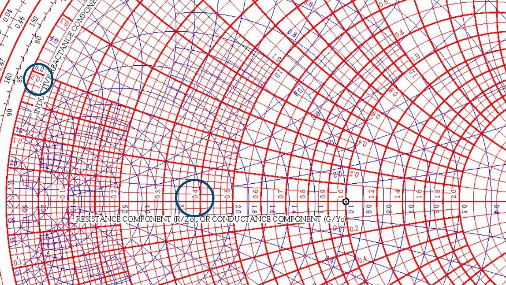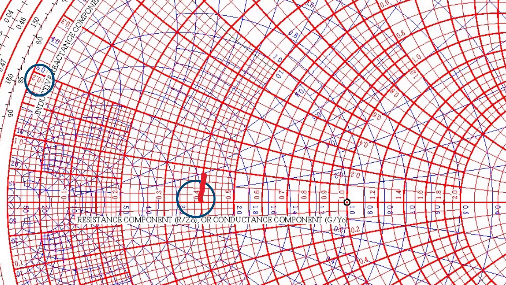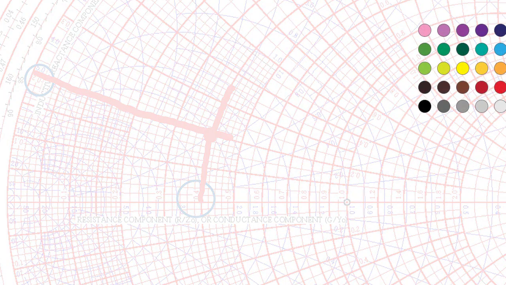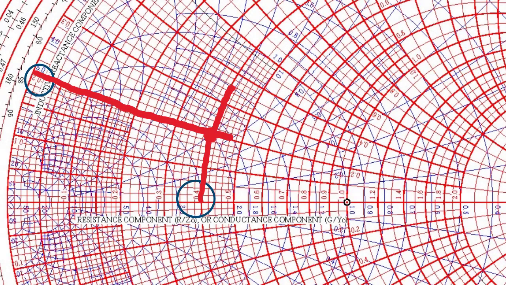If I follow the 0.4 curve up, I won't draw the whole thing, and I'll draw this 0.2 curve out. Here's the intersection of the two of them, and that's our impedance.